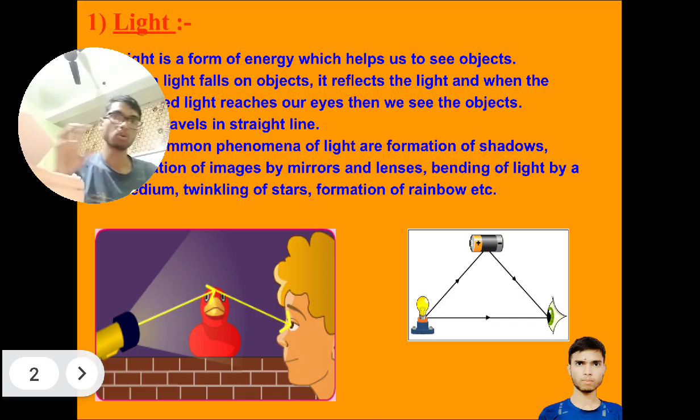When light falls on the surface of the object, it returns and reaches your eyes. This is the process. This is how you see a lot of objects.